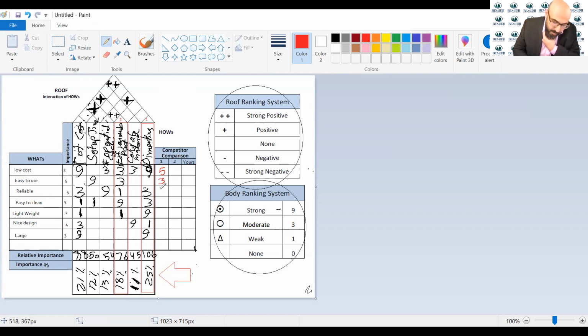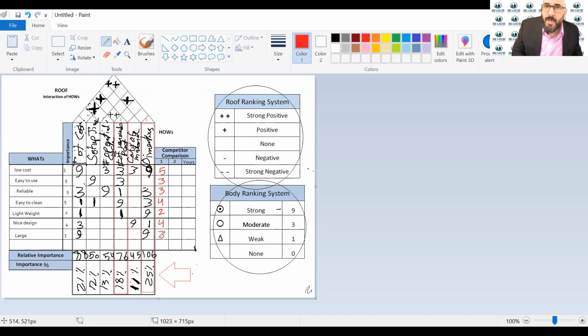Reliable, their microwaves are not high reliability. Easy to clean, yes, they provide easy to clean microwaves. Lightweight, that would be 2, maybe no, they're providing a heavyweight. Are they a nice design? I would think, yeah, they offer a nice design at a rate of 4. Are they large? I don't think so. That would be maybe 3 for them.